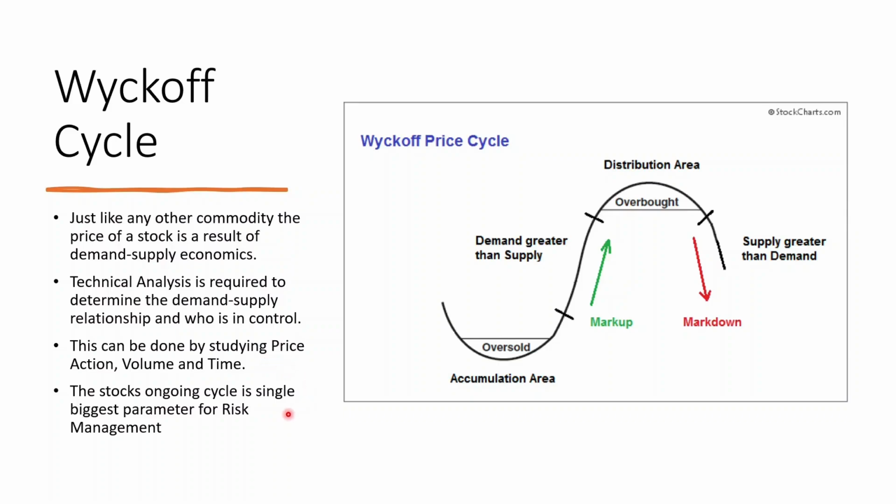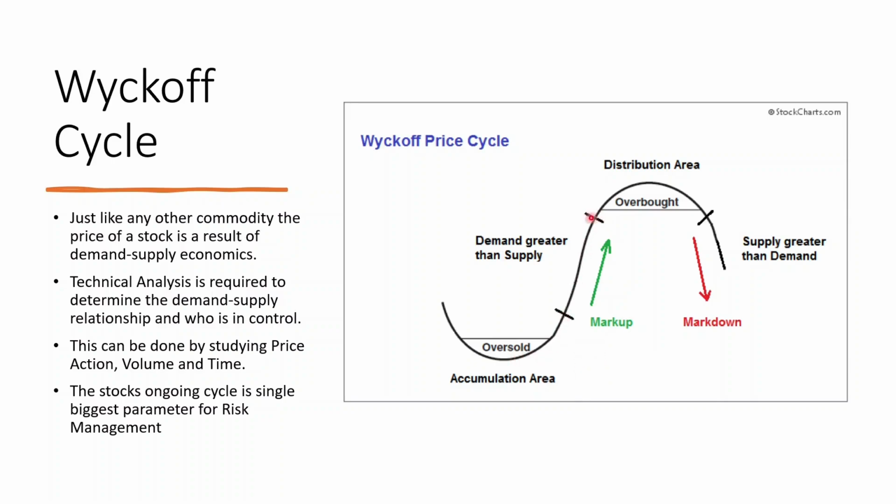The stock's ongoing cycle is the single biggest parameter of risk management. Another reason why the study is very important is that we need to understand where the stock price is in this cycle. If you are buying something here, the risk is very low. In case you are wrong, you can obviously exit very near to your entry price.